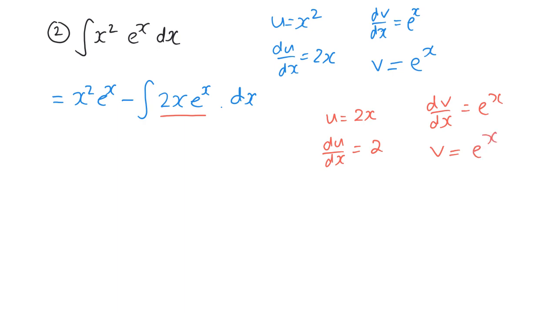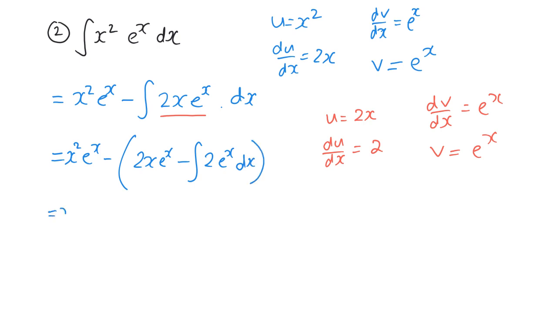So we're going to apply parts again. Just be really careful with the minus signs now. So it's minus this whole thing then has got parts applied to it again. So uv is 2x e to the x minus the integral of v du by dx, so that's 2 e to the x dx.